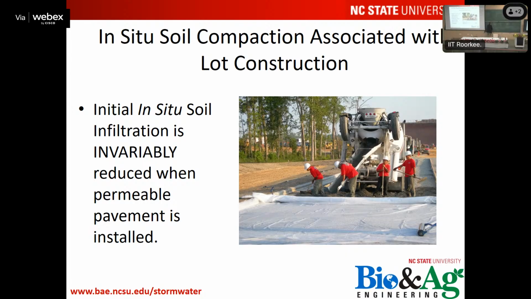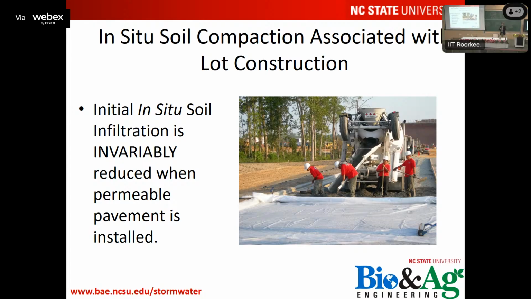After it builds up, you also have water as it rains that infiltrates into the surface of your pavement. Now, what I'm going to do is bring this down here. Y'all can see that. Okay, so water infiltrates at the top surface, then it builds up at the bottom, and then it infiltrates through the bottom of your permeable pavement. And that's what enables the water to vacate the permeable pavement.